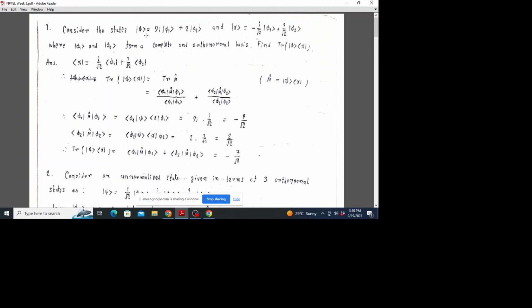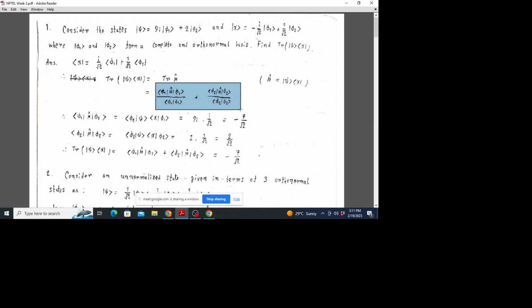Another important thing to notice is that these two adjectives, complete and orthonormal, are very important here, because if the basis is not an orthogonal basis, then the formula for the trace will be significantly different from this formula of simply adding the expectation values.